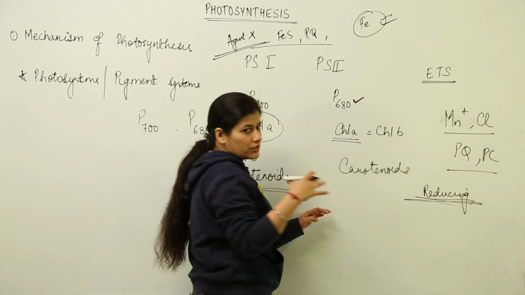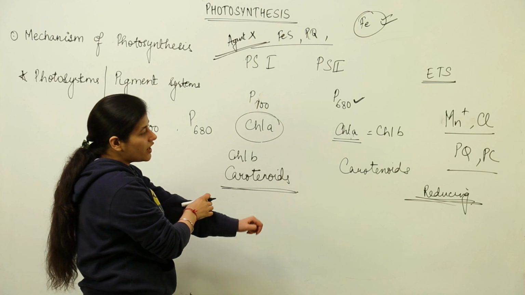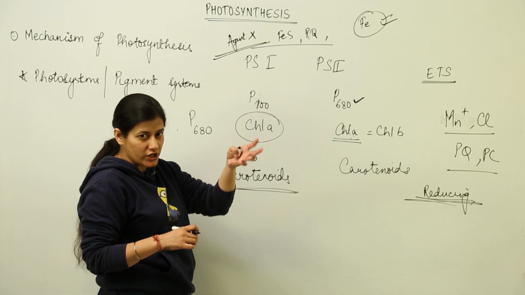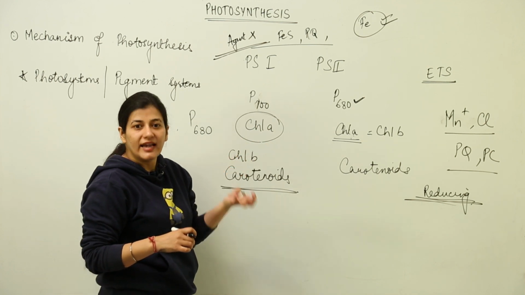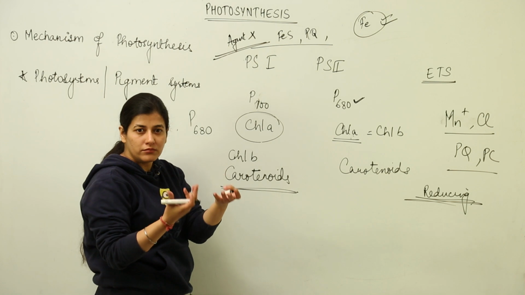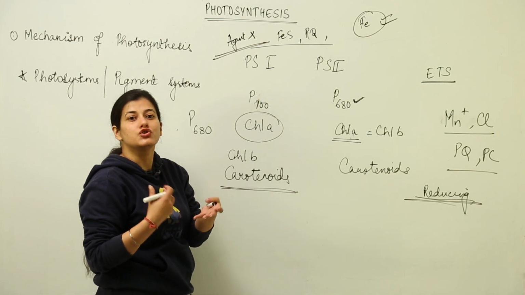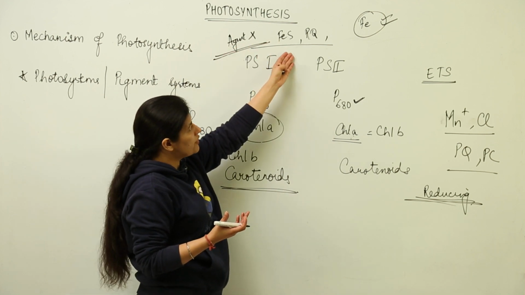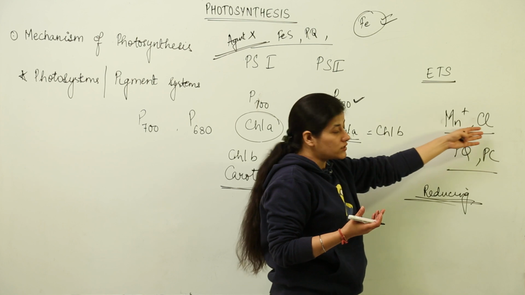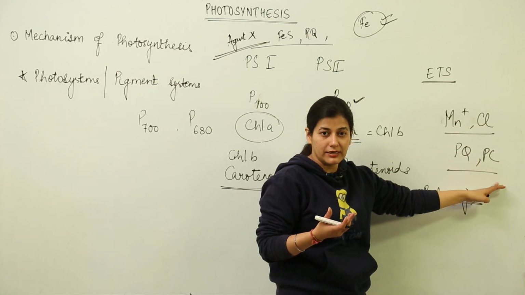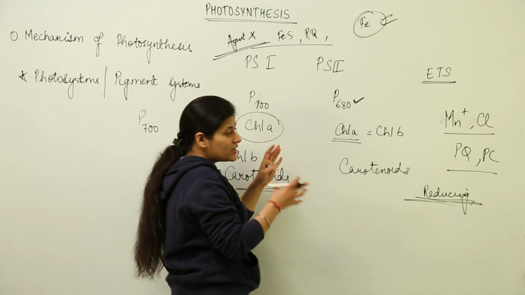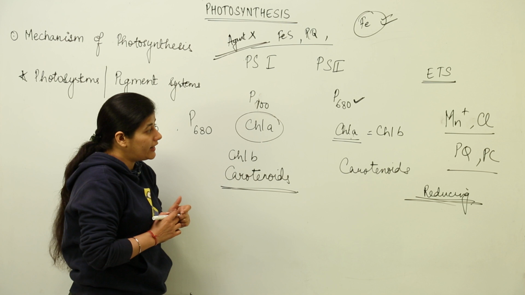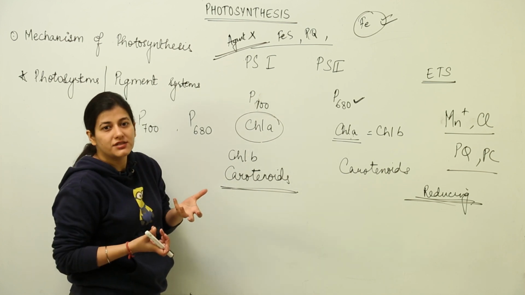Now these are a little bit difficult terms that you come across, but you have to remember them by heart, because these are the particular compounds which are going to take up the electrons, okay? And when some compound takes up the electron, it gets reduced. So these terms which I have written, agent X, FeS, plastoquinone, Mn positive, Cl, plastoquinone, plastocyanin, cytochrome complexes, these are going to be the compounds which would take up the electrons and they would get reduced themselves.